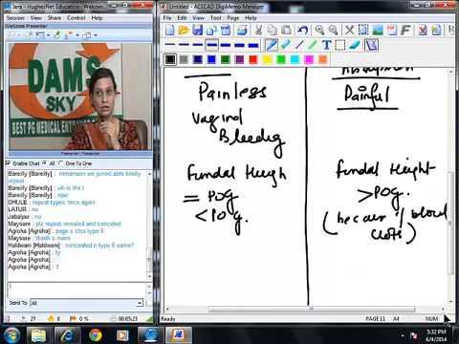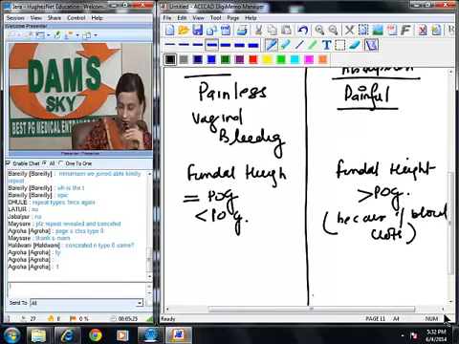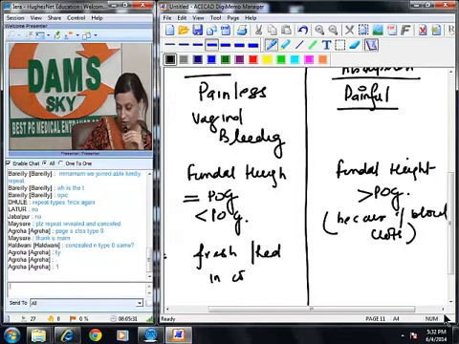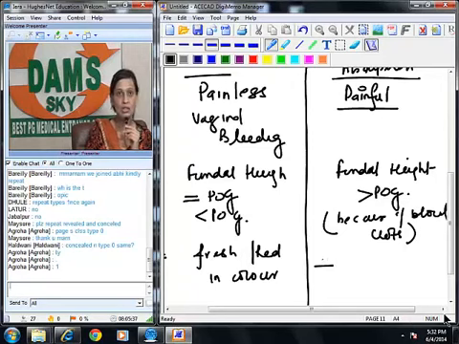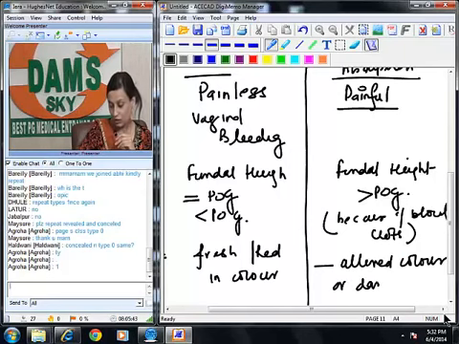Then placenta previa bleeding is described as fresh red in color. So it is fresh bleeding and it is red in color. Whereas the bleeding in abruption is described as altered color or dark color. Now why is it altered color?